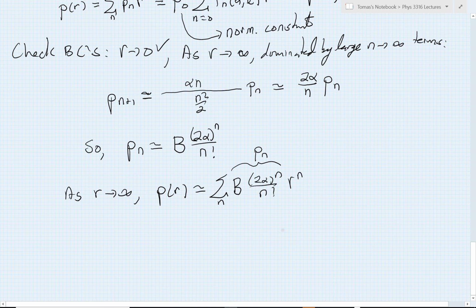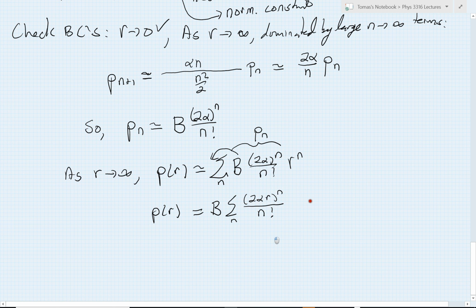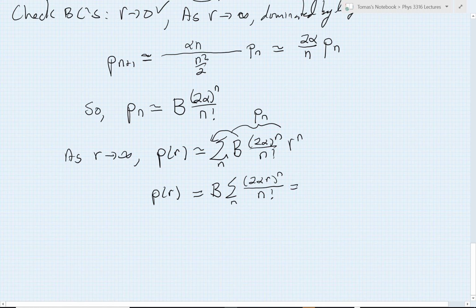When my sum looks like this, of course, I can pull out the factor of b, and then what remains for my P of r is a series where I can combine my factor of r: it's 2 alpha r to the n, over n factorial. And I hope you recognize this power series.